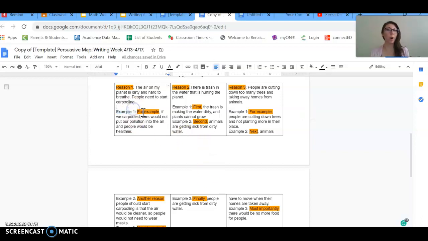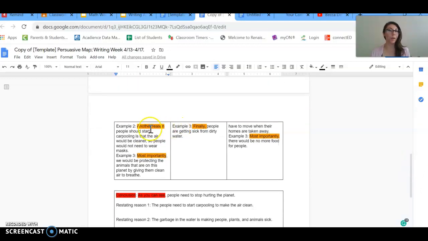Okay, example 1. For example, if we carpooled, cars would not put our pollution into the air and people would be healthier. Another reason people should start carpooling is that the air would be cleaner, so people would not need to wear masks. A third example is, most importantly, we need to be protecting the animals that are on this planet by giving them clean air to breathe.